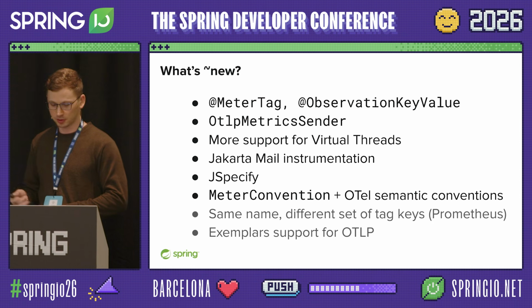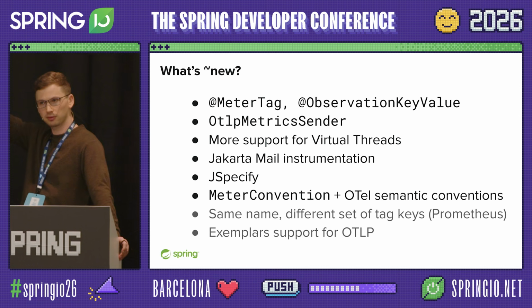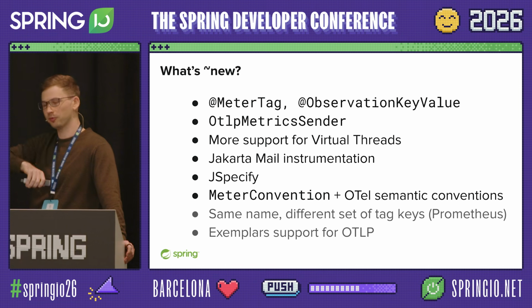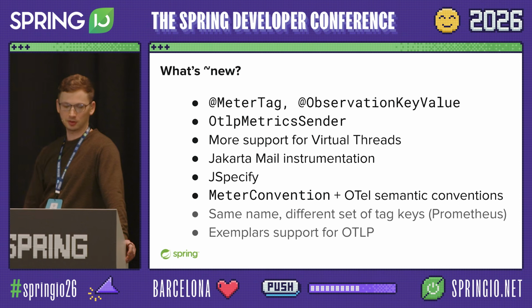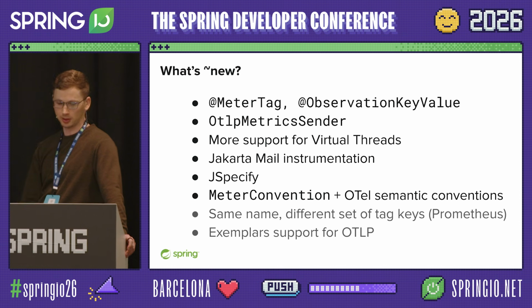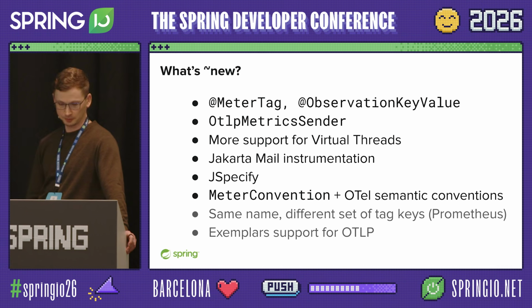Jakarta Mail instrumentation, JSpecify. Who's familiar with JSpecify? Okay, so this was kind of a portfolio-wide effort in the Spring portfolio, adding nullability annotation support. So now Micrometer has JSpecify nullability annotations throughout the code. This means that you know what is returning null and what accepts null or does not.